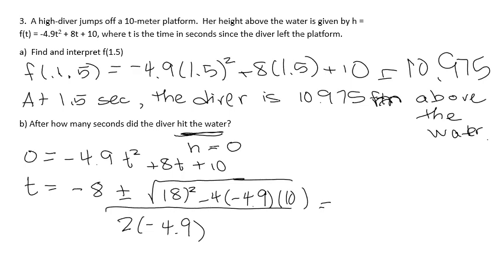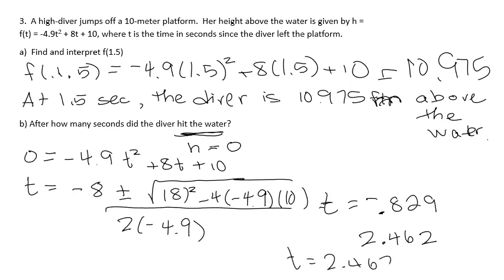After typing that into my calculator, I get two values. I get that t is either negative 0.829 or 2.462. Since t is time, and this is a question about somebody diving off a diving board, then t equals 2.462 seconds seems like the only reasonable answer there.